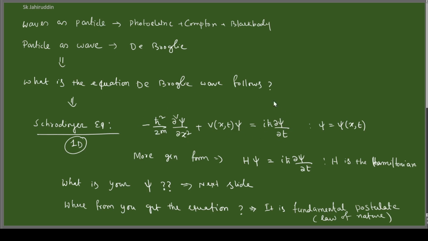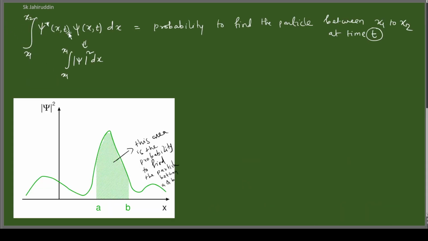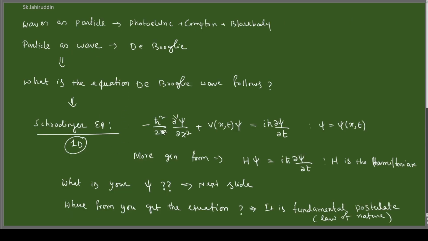This is the de Broglie wave equation, with psi to be defined such that psi star psi dx integration will give you the probability. So the definition of psi is this, and that psi follows this equation.